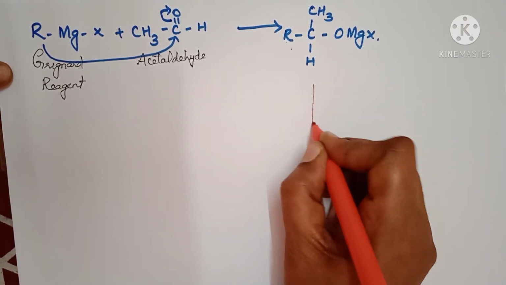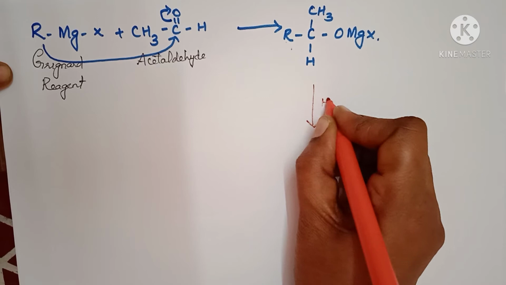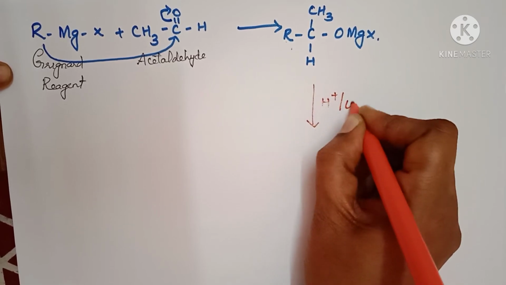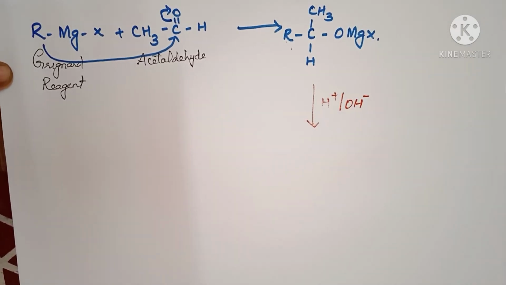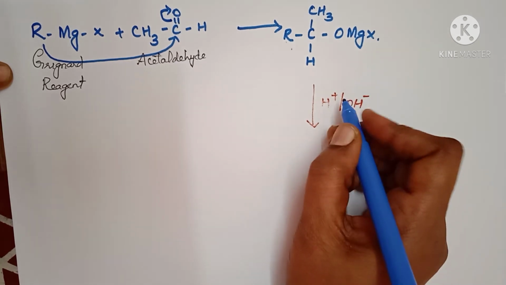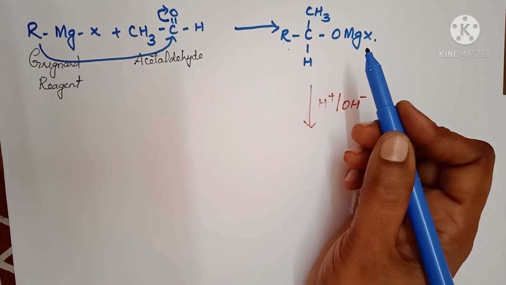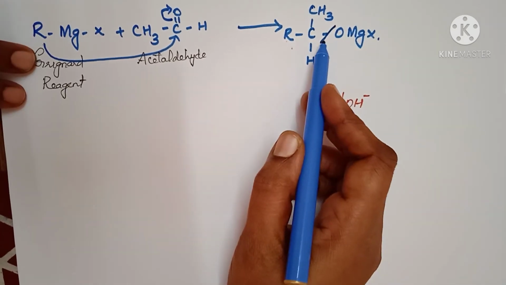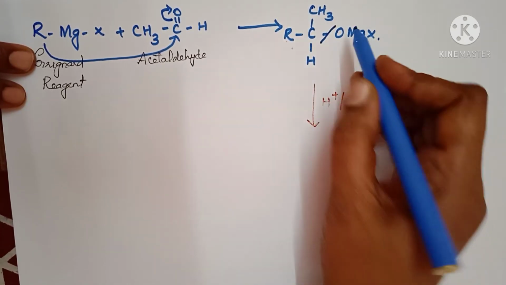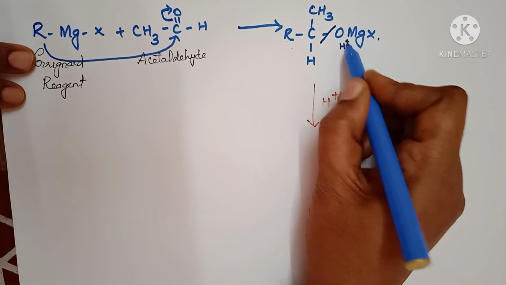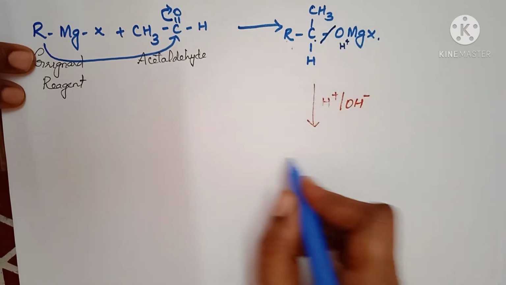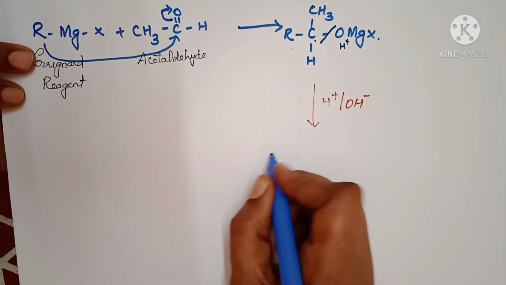Now the second point, which is the hydrolysis process, H plus and OH minus ions. So what happens here? This point which is going to attach, here the bond breaks. So here the H plus ion, here the OH minus ion. Okay, now what are you going to receive?